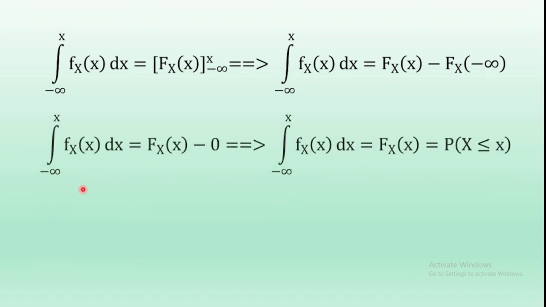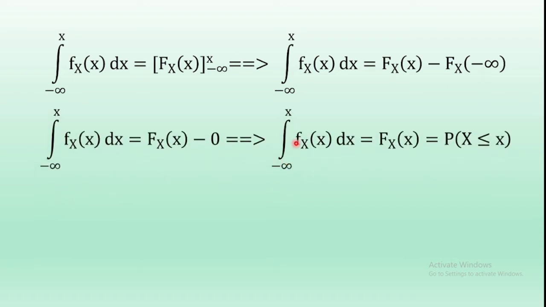So the integral of the density function is equal to the distribution function. From the definition, the distribution function is equal to the probability of the event, and that event is X less than or equal to x. This is the third property proof.